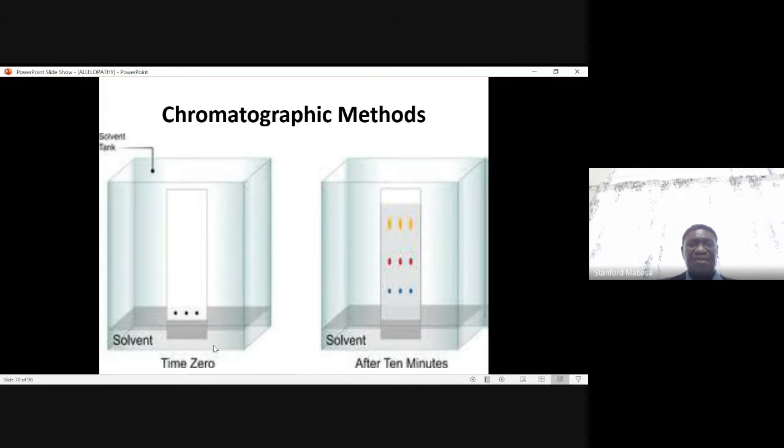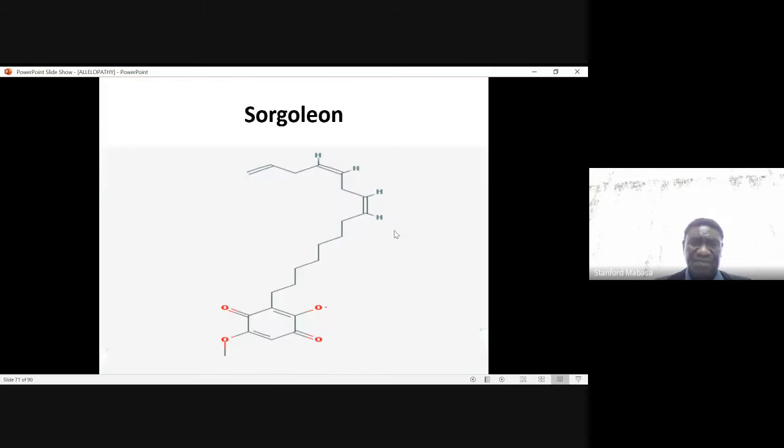You have got a solvent which moves these liquids. You will have a standard. So after a while, these dots migrate upwards. And it can tell you something about what is contained in the extracts containing allelochemicals.